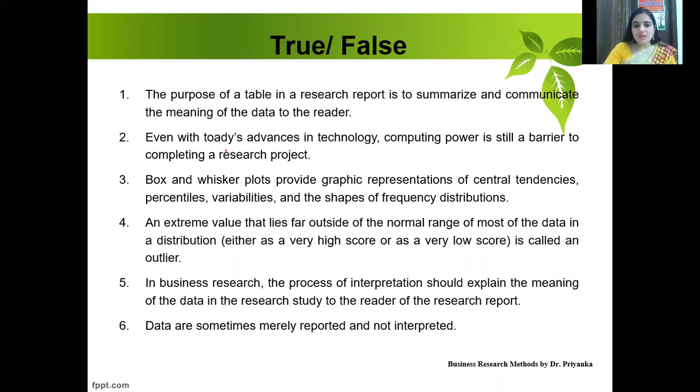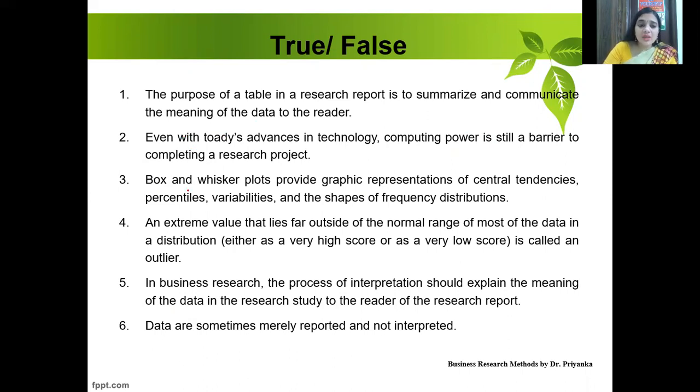Second: even with today's advances in technology, computing power is still a barrier to completing a research project. Is it? No, computing power is not a barrier, so that means it is false.